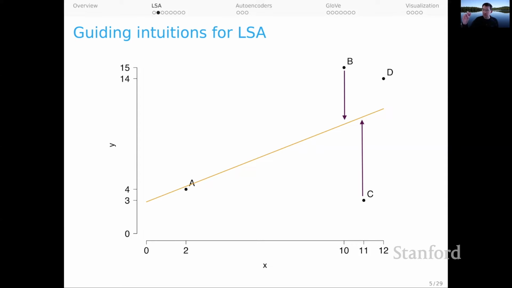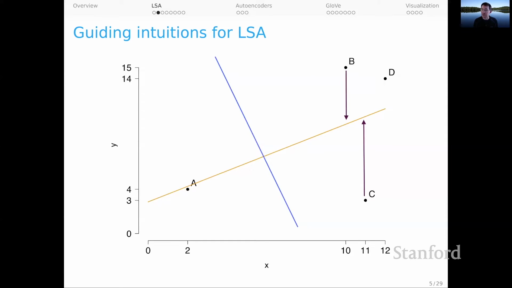Now, with the linear model, we captured the source of greatest variation in this little data set. In a high dimensional space, we could continue fitting lines to other sources of variation in the data, other axes of variation. So here's a blue line here that captures the next dimension. And we could again project points like A and C down onto that line, and that would capture the abstract sense in which A and C, although very spread out along the x dimension, are very close together along the y dimension.